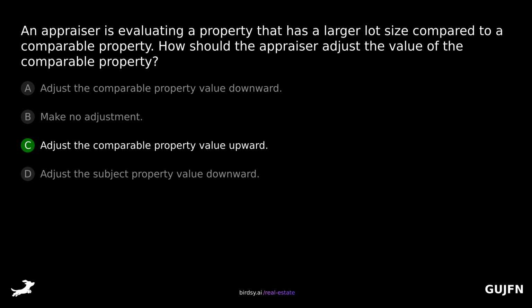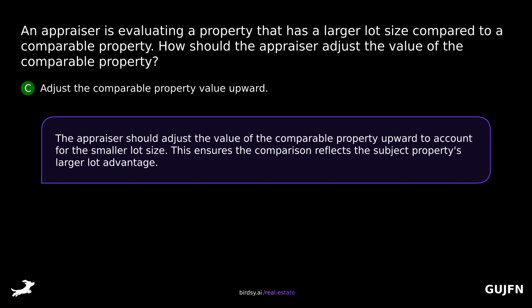The correct answer is C, adjust the comparable property value upward. The appraiser should adjust the value of the comparable property upward to account for the smaller lot size. This ensures the comparison reflects the subject property's larger lot advantage.